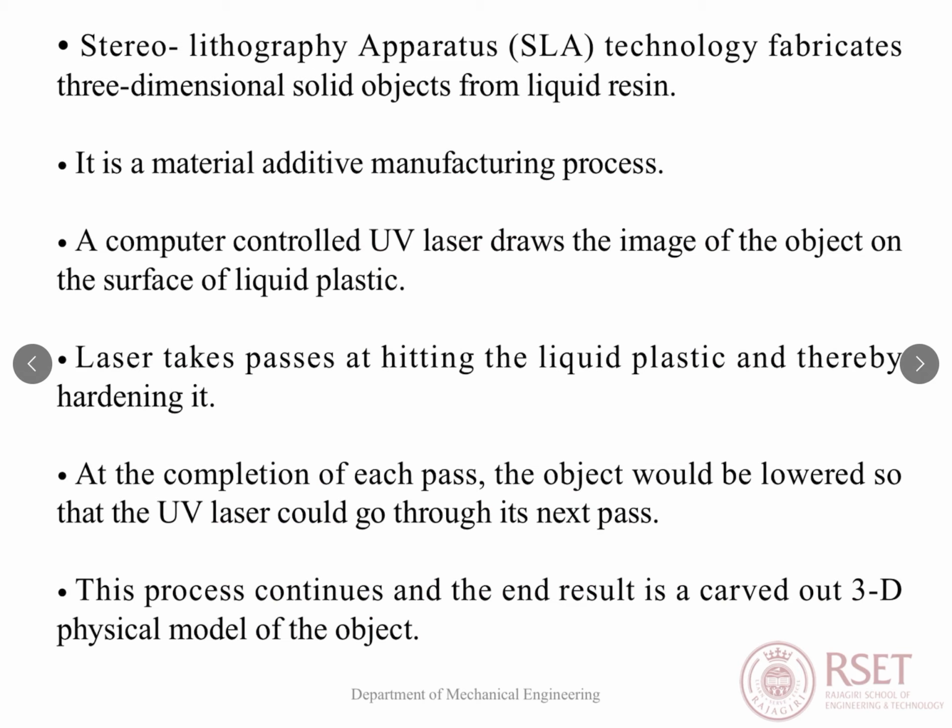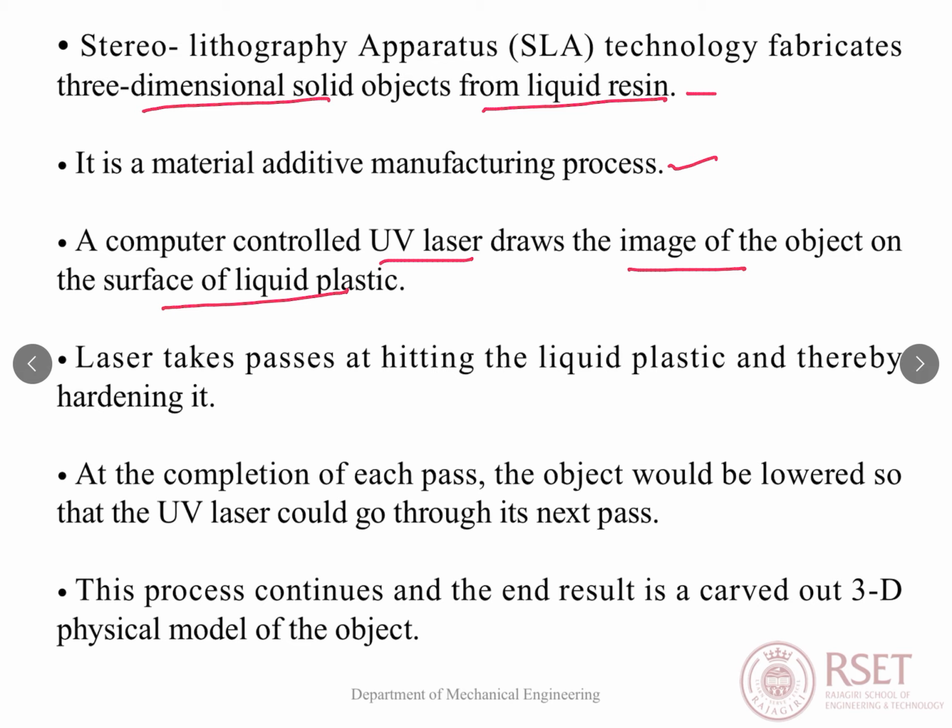So stereolithography apparatus technology fabricates a 3-dimensional solid object from liquid resin. This is photopolymeric resin. It is a material additive manufacturing process. A computer-controlled UV laser draws the image of the object on the surface of the liquid plastic. It traces selectively.